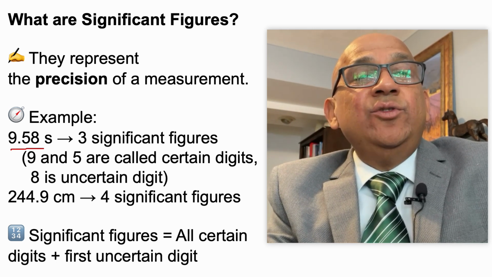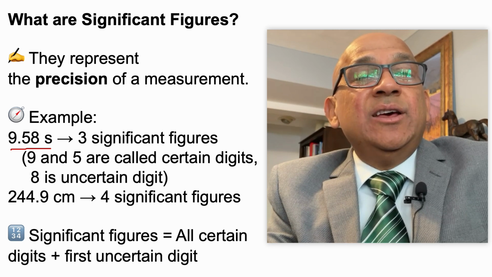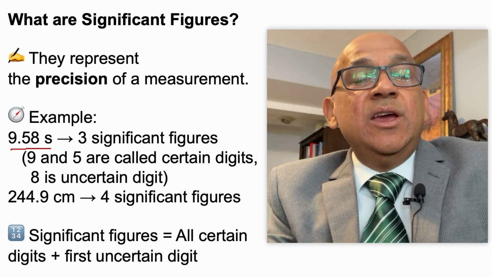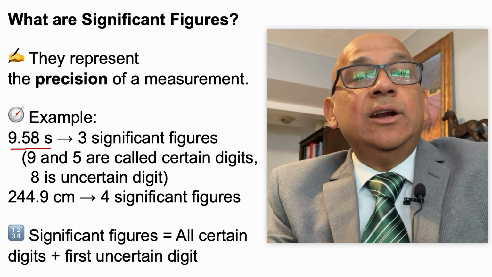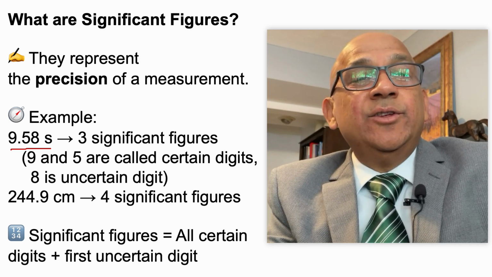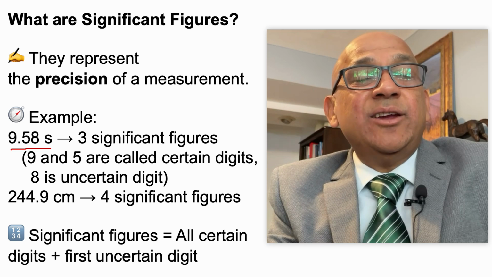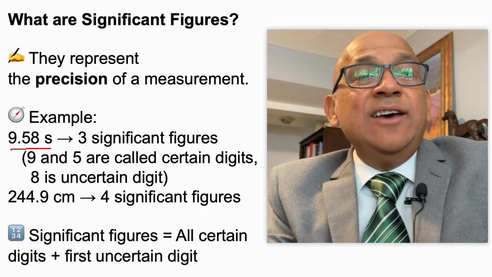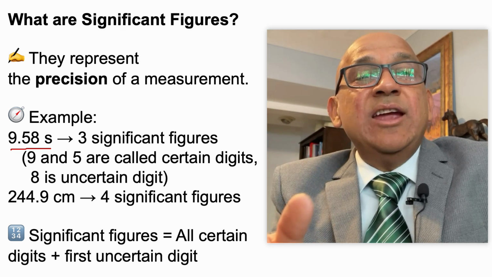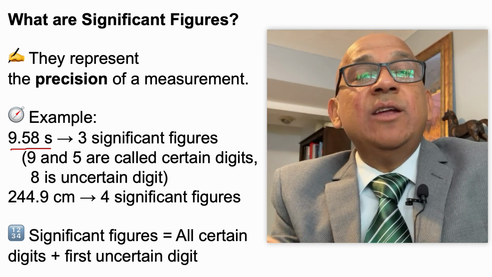So here you see in this number there are three significant figures which are 9, 5 and 8. Here 9 and 5 are called certain digits and 8 is called uncertain digit. So it means when you say the time is 9.58 seconds, then the last digit is uncertain. It can be 9.57 or it can be 9.59.